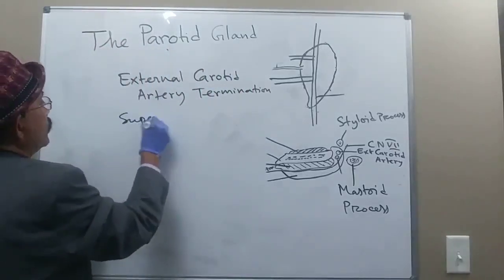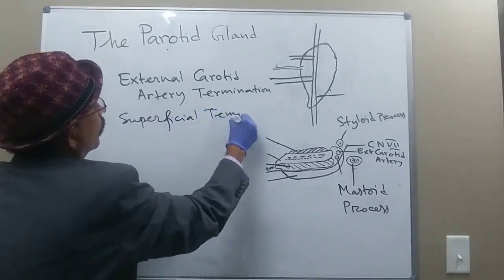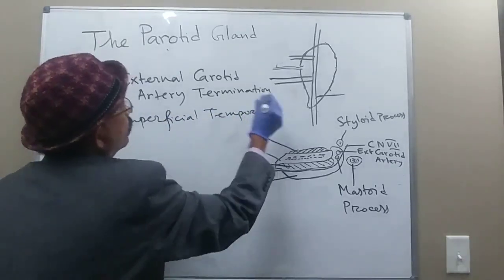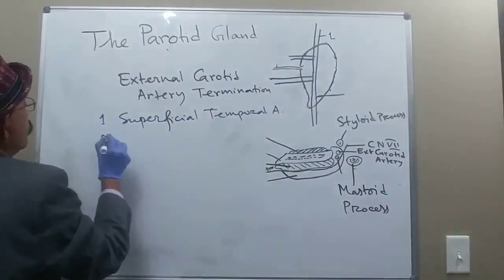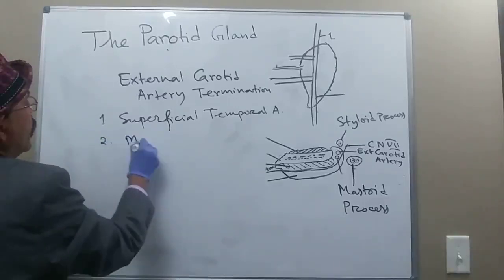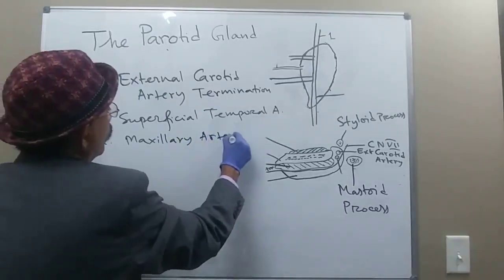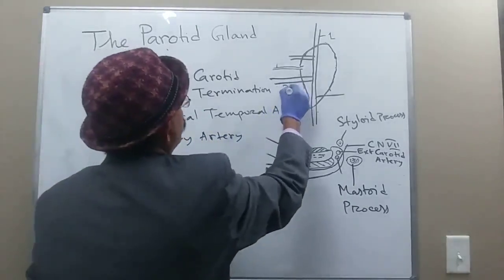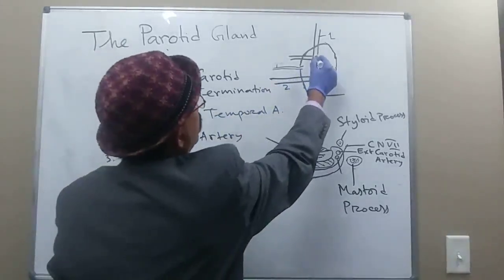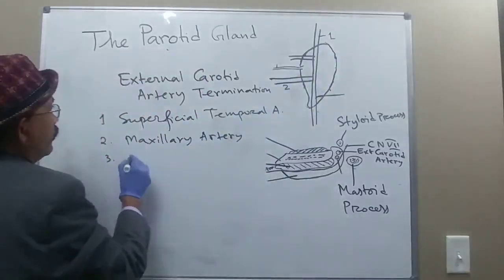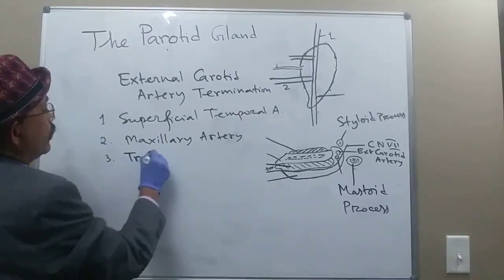So superficial temporal artery, suppose this is the number 1, number 2 is the maxillary artery. Okay, this is number 2. Number 3, we may get from the superficial temporal artery another branch inside the substance of parotid gland, transverse facial artery.